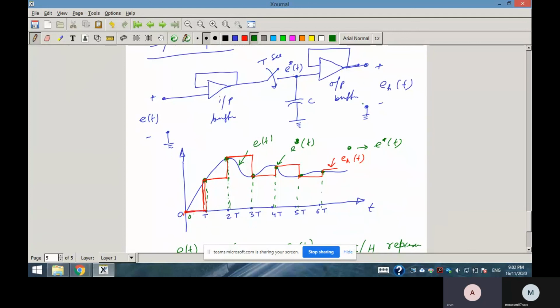Now this output will remain 0 for how long? Till the switch closes. The switch closes at every T interval. Just at t equal to 0 it will close, and then it will open. Okay, just one pulse. This I should represent, this switch. So suppose this is your pulse switch.